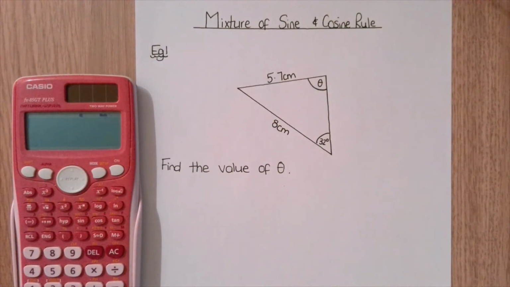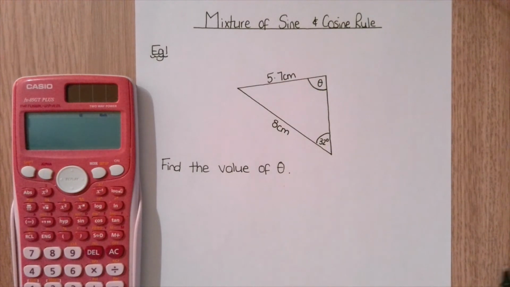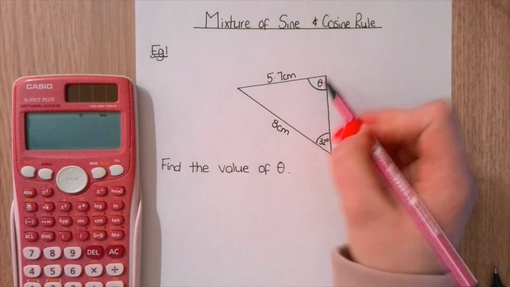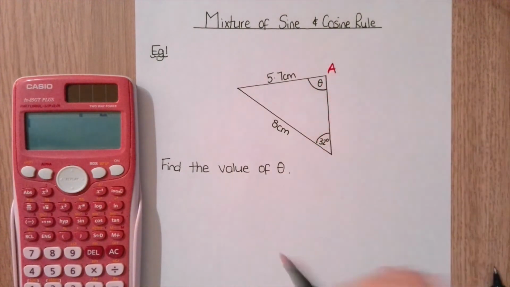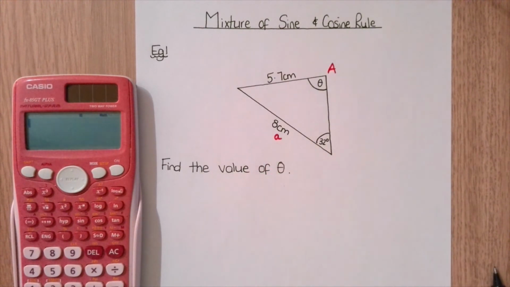Okay, just to finish off then, I have a few final examples where I have a mixture of sine and cosine rule questions. My first example here asks me to find the value of theta. So I'm going to label theta capital A and consequently lowercase a opposite that.